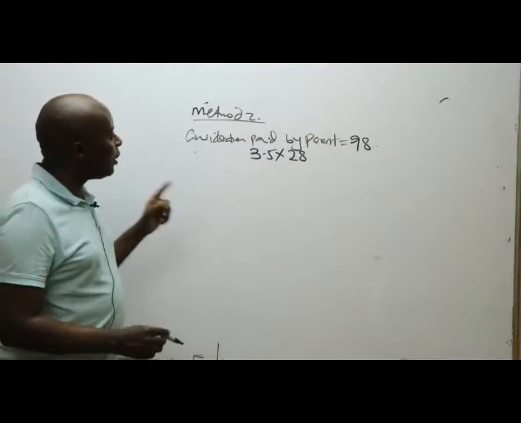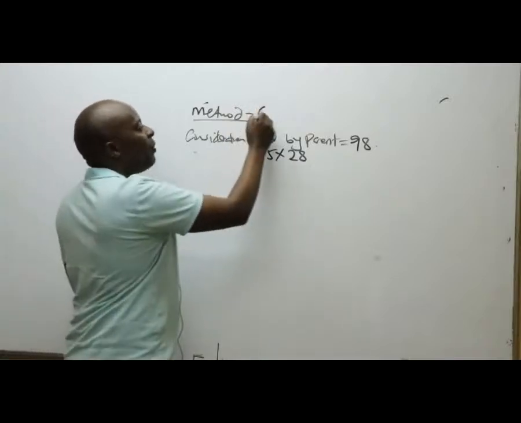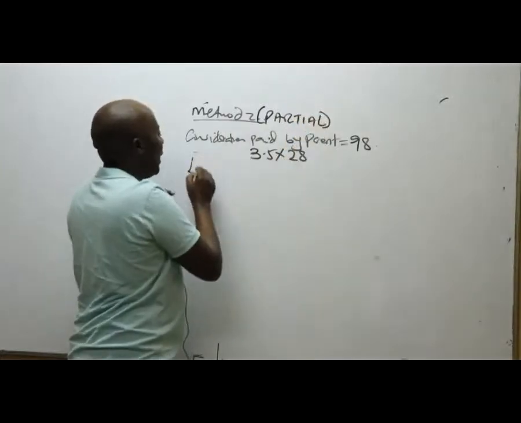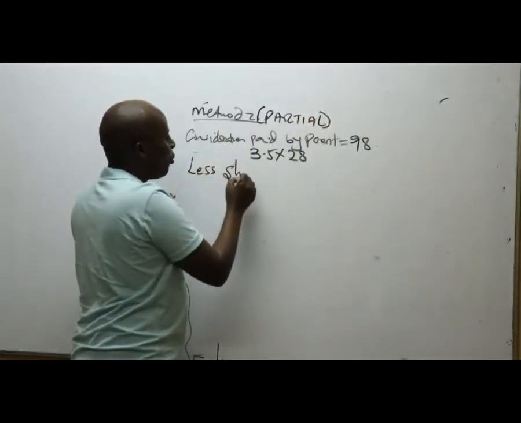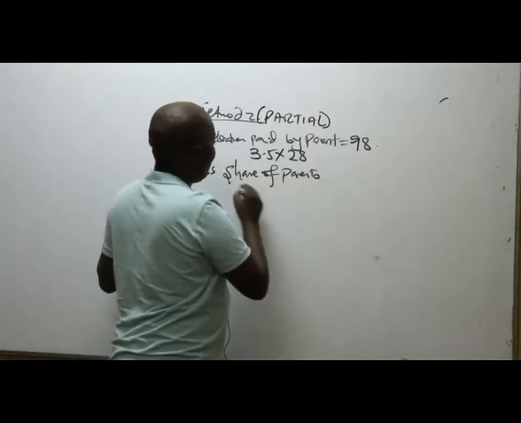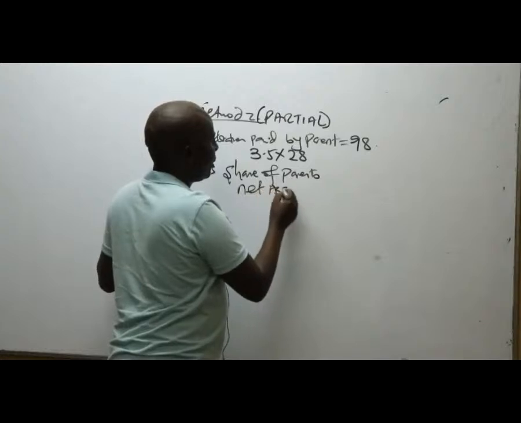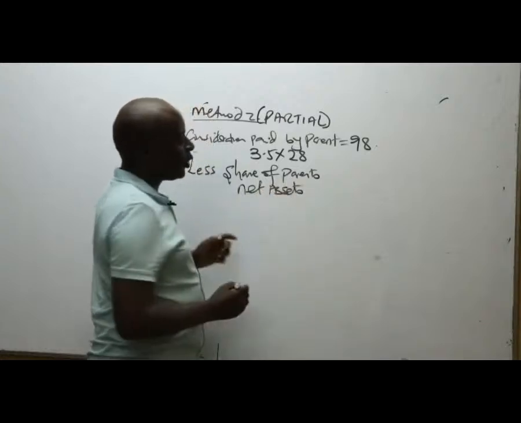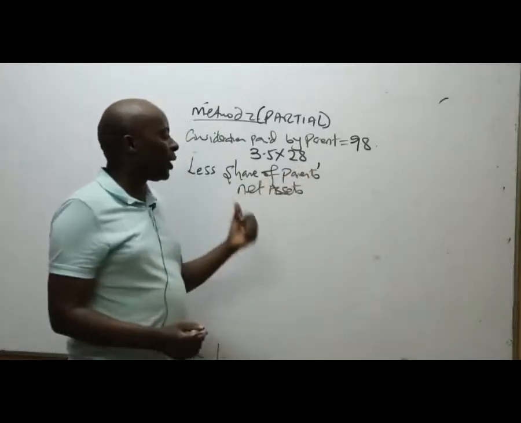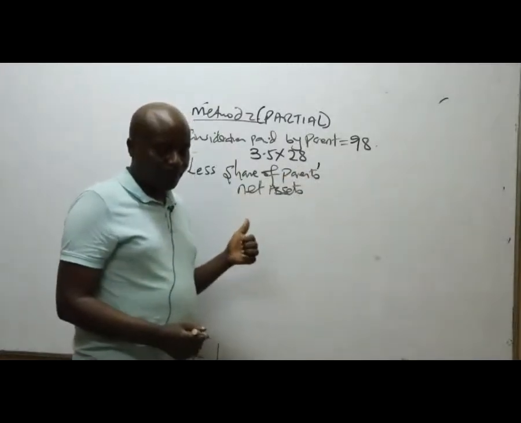So when they don't give us the NCI percentage, we are making use of the partial method, which you can also do this way. Consideration less share of the parents' net assets.